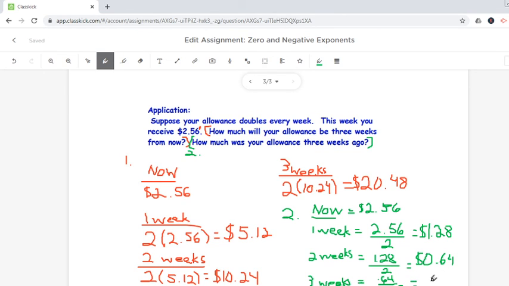And that equals 32 cents. So that is your answer right there, 32 cents. How much was your allowance 3 weeks ago? 3 weeks ago, your allowance was 32 cents. And that does it for 0 and negative exponents.